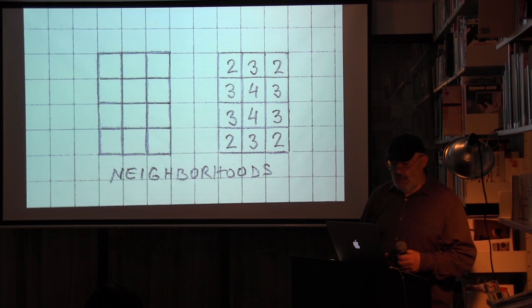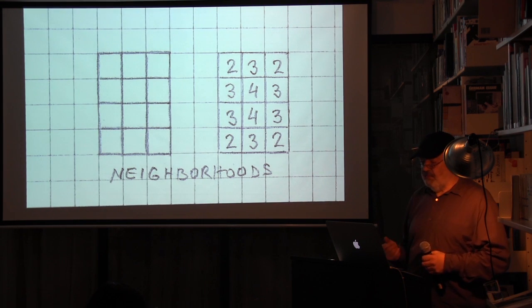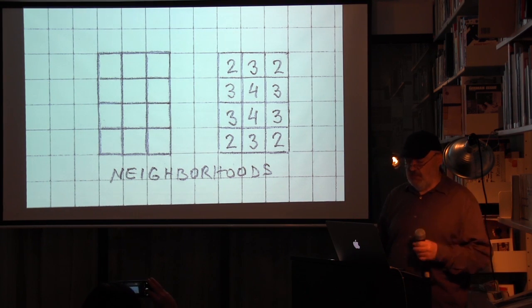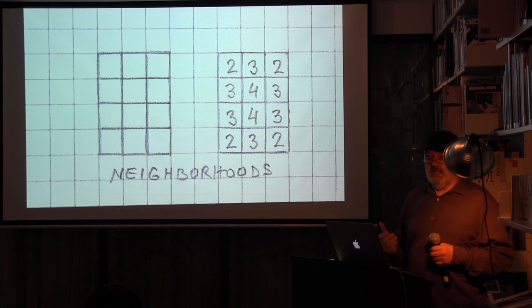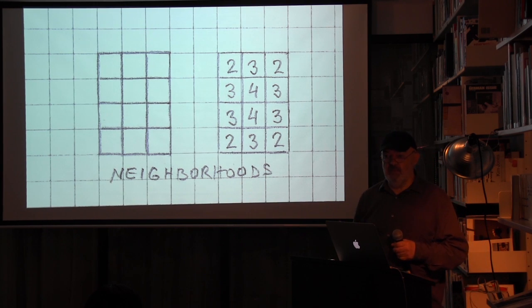So this 3x4, or 12-position, matrix is a bit more complicated in relation, for example, to the neighborhoods of its elements.